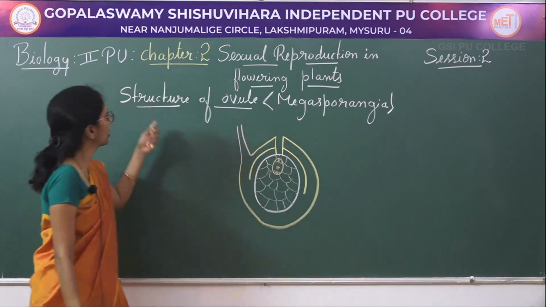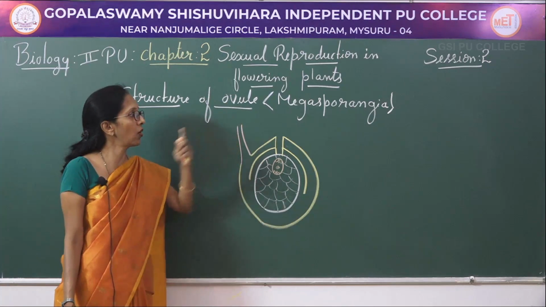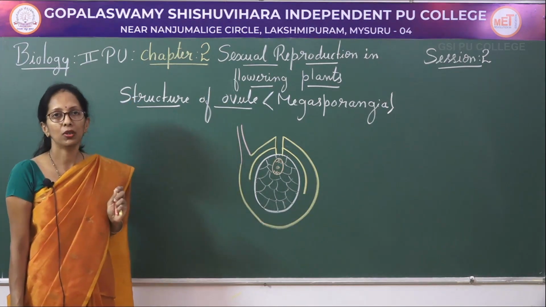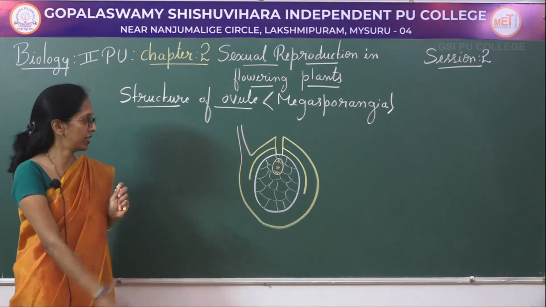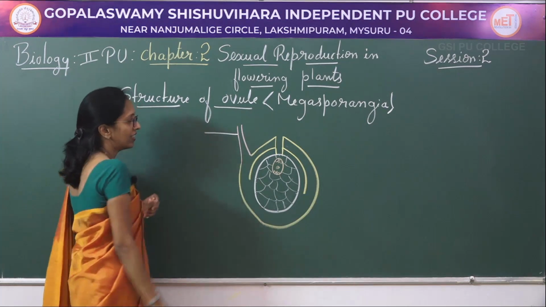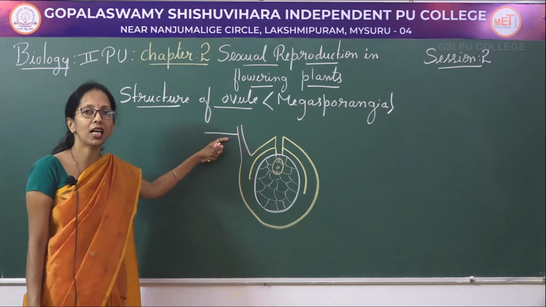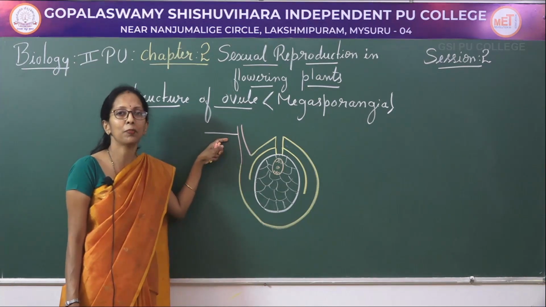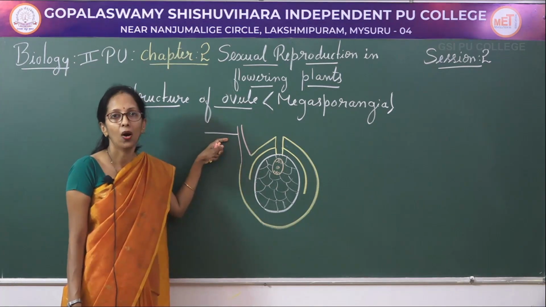So, coming to the structure of ovule or megasporangia, ovule is in the form of oval shape. Ovule has a stalk, and this stalk mainly helps in the attachment to the tissue that is said to be placenta inside the ovary.